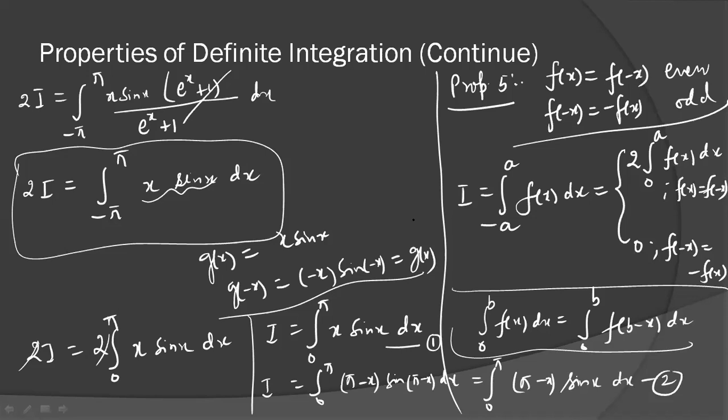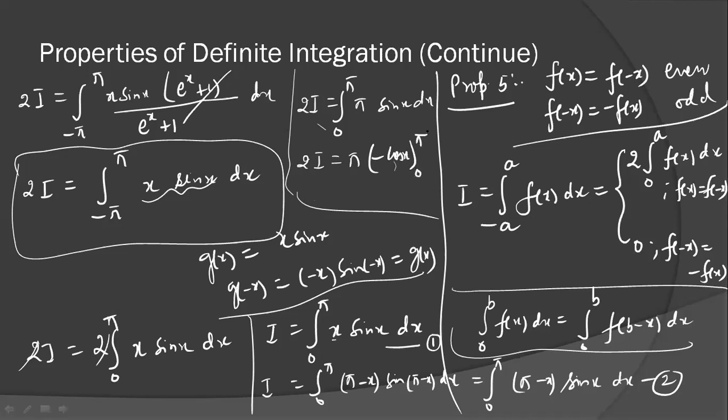Now add 1 and 2. I'm writing here. So 2I is equal to the integral from 0 to pi. If you add x sine x and pi minus x sine x, the minus x sine x and the plus x sine x will be cancelled out. It will be pi sine x only. So 2I will be pi, you can take outside, times the integration of sine x, which is minus cos x, with limits 0 to pi.